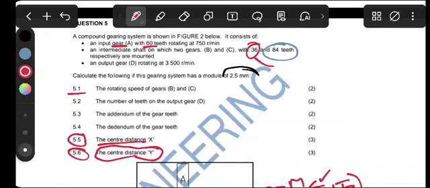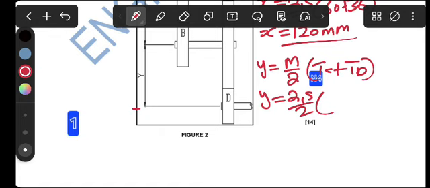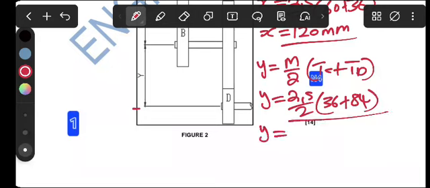The one of D is the one that we calculated, which was 84. So 36 plus 84. Y will be equal to what? If we punch this, our center distance will be 142.5, obviously millimeter.